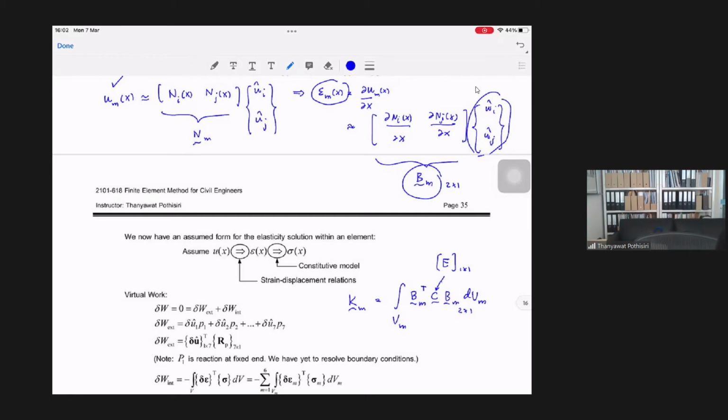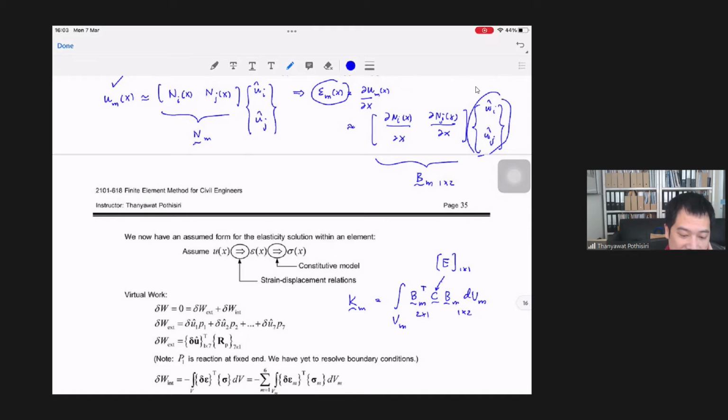This is 1-by-2, because it has only one row. So this is a 1-by-2 matrix, and B transpose becomes a 2-by-1 matrix.